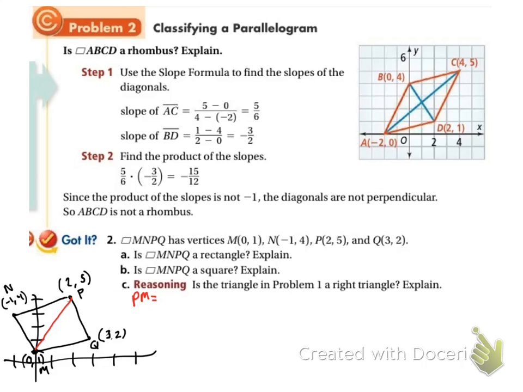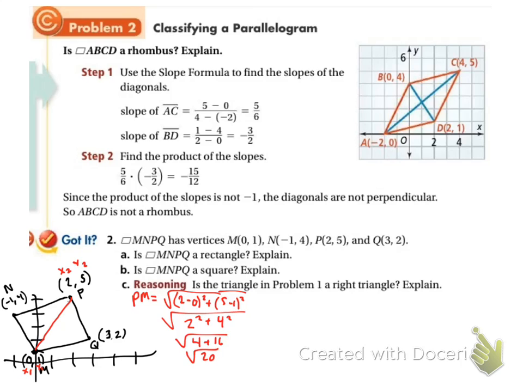So PM is equal to the square root of, let's call this one x2, y2, and we'll call this one x1, y1. So we get 2 minus 0 squared plus 5 minus 1 squared. Square root of 2 squared plus 4 squared, which is 4 plus 16, which is square root of 20.